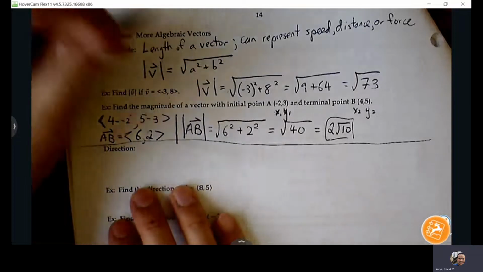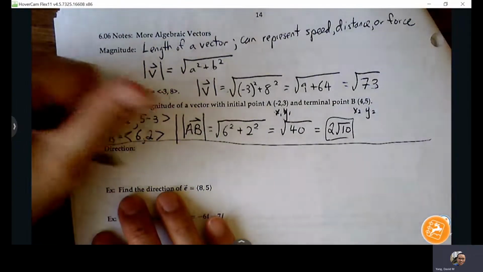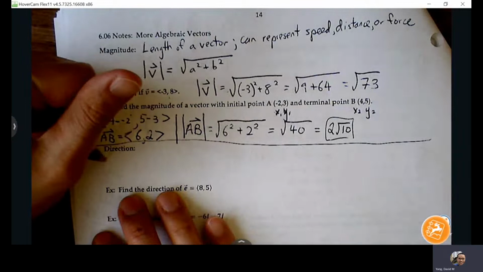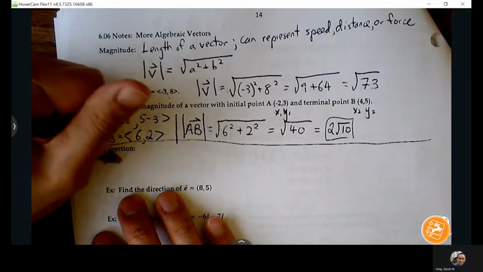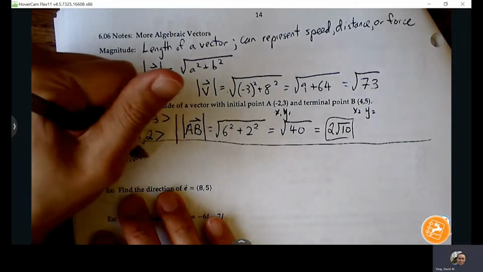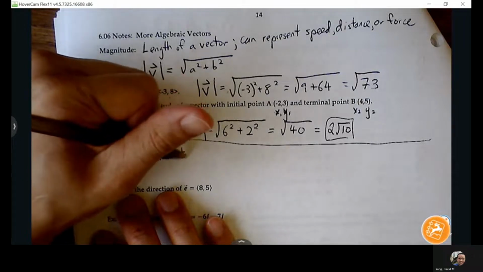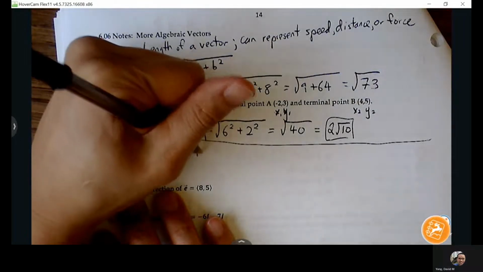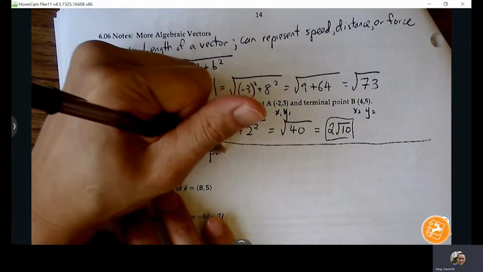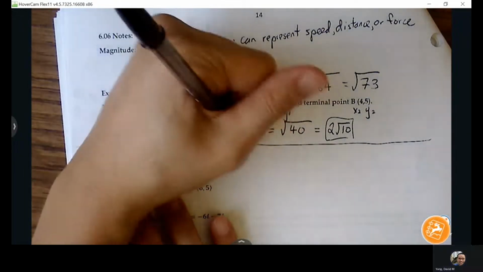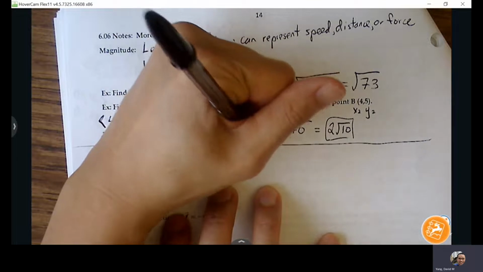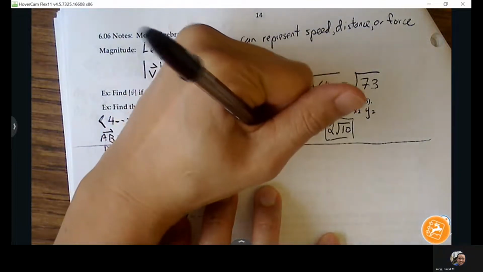So direction is which way the vector is pointing, in standard form.